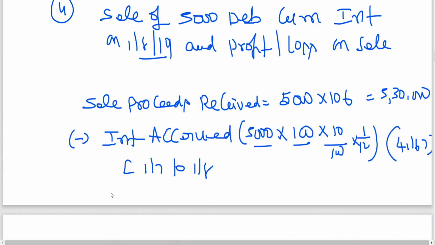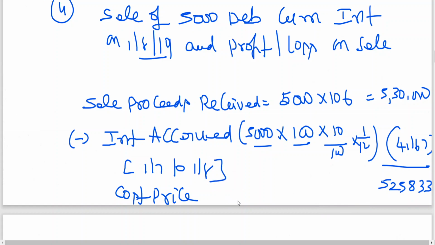Now this will become the cost price. Five lakhs 30,000 minus 4,167 gives 5,25,833. This is the cost price.